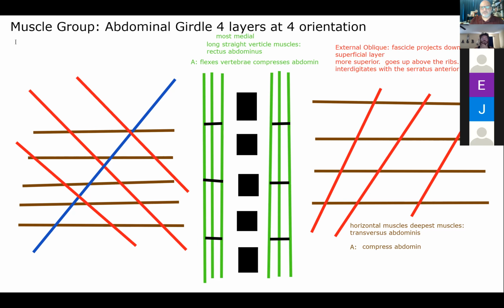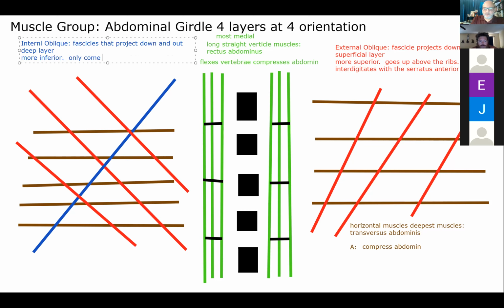So our internal oblique muscle, like the internal intercostals, has fascicles that project down and out. As the name indicates, it's the deep layer. And there's a third way that they're different: it's more inferior.